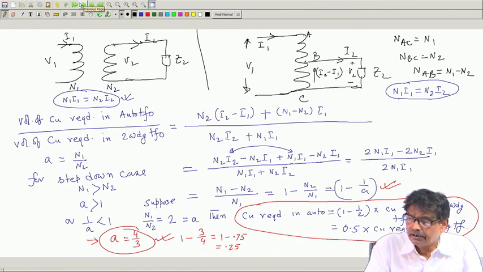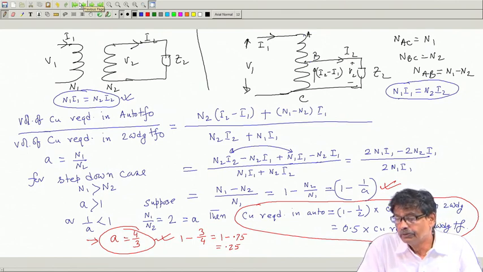Now we find that there are two options. I can do the same thing, change the level of voltage from V 1 to V 2 and transmit the same kVA. Now, which one to choose?